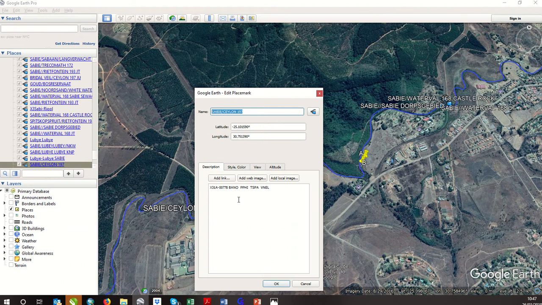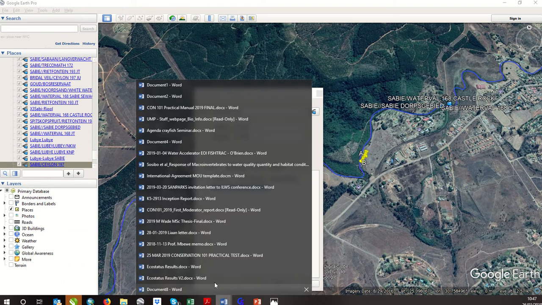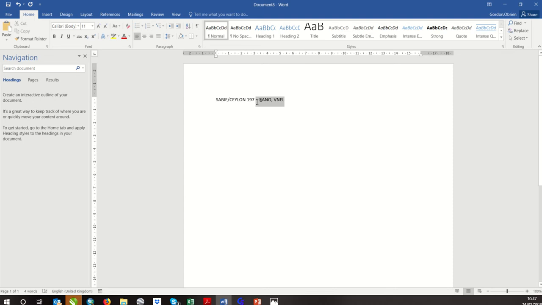T-Spa. Let me just take all three. Do you understand what I'm doing? You need to justify what you're doing. Historical fish data.